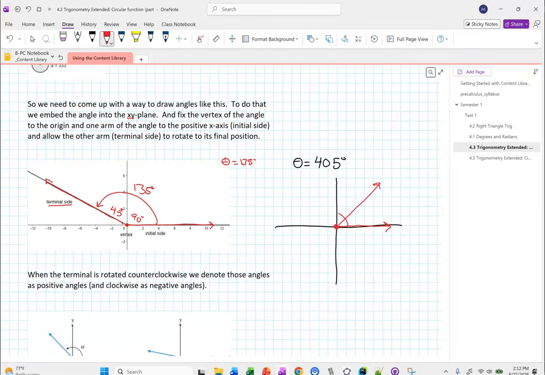So when I draw this, I've gone around one full time and then gone 45 more. Is everybody okay with what I did there? And now you see, okay, great, I can draw an angle as big as you want, Mr. Kulik. I might have to spin around this a couple of times, but whatevs, no big deal.